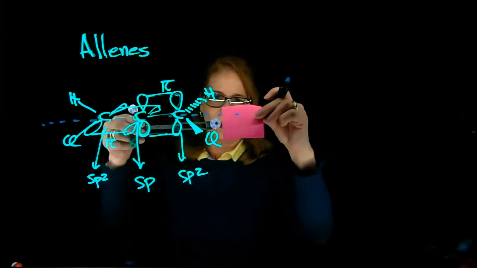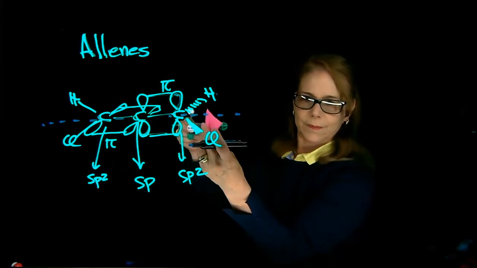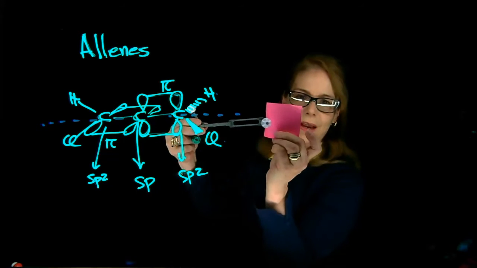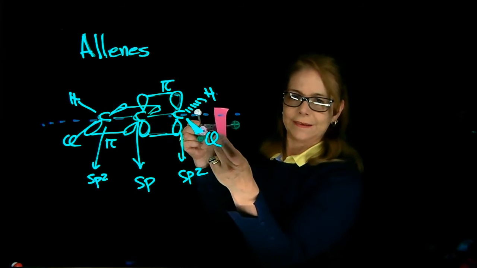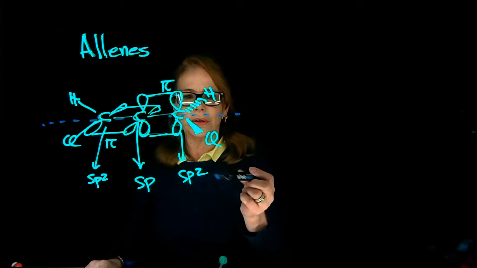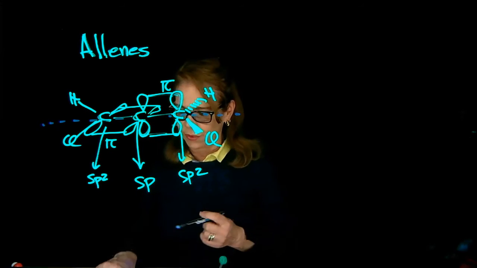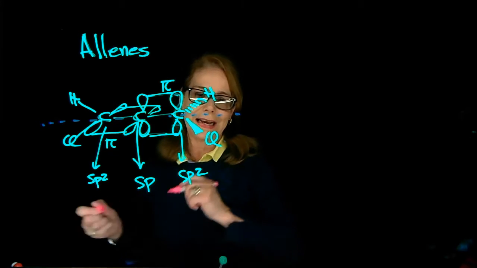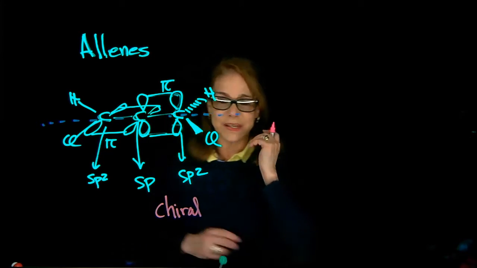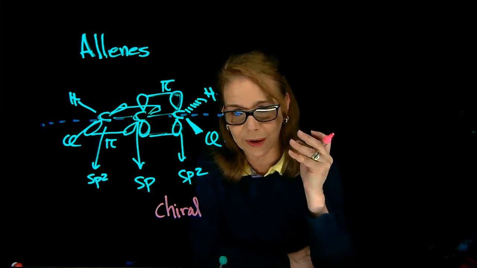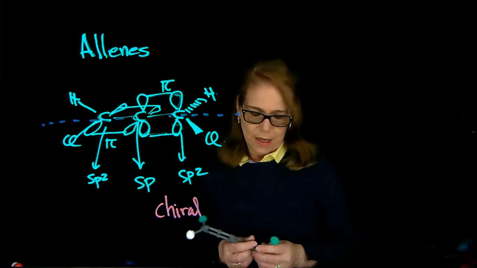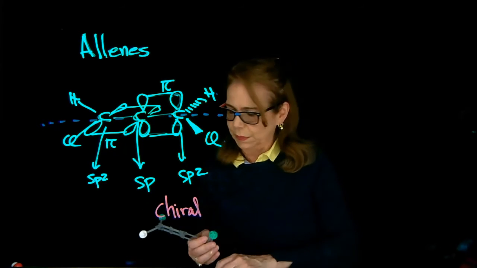Again, I'm doing this operation, and I don't have that plane of symmetry. So this molecule, lacking a plane of symmetry, is chiral. It has optical activity despite not having chiral centers, because it doesn't have a plane of symmetry.